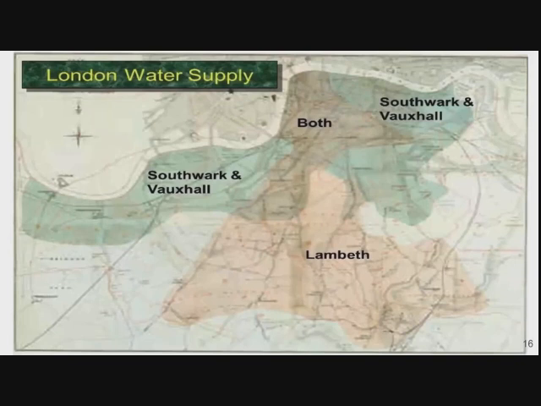Let me just show you, there are two water companies. One is Southwark and Vauxhall, which I'm going to call SNV. You see that it's on the northern part of London. And the other water company is called Lambeth, and it's in the southern part. What's special, as you can see here, is the sewage beneath the city.